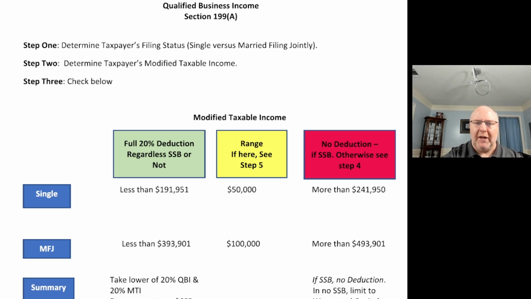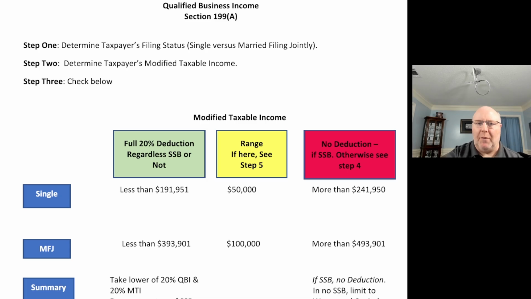So we take the greater of Part A and B, and then we take the lower of Step 1 and that Part A and B. Once we do that part, that's our QBI deduction, but we have to check to see if it is limited by the 20% of our modified taxable income, just like we did when it was below the threshold amount. So that's how we solve this. There's only one addition, that one Part A and Part B. That's the only addition that we added to the 20% calculations below the threshold.